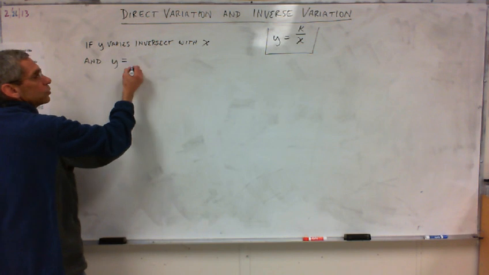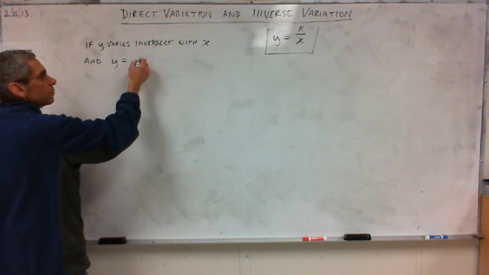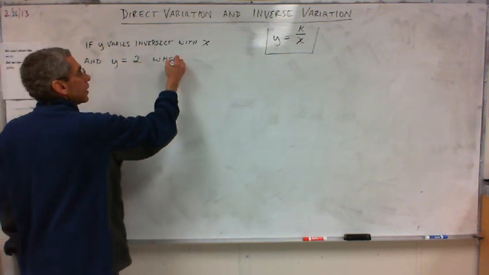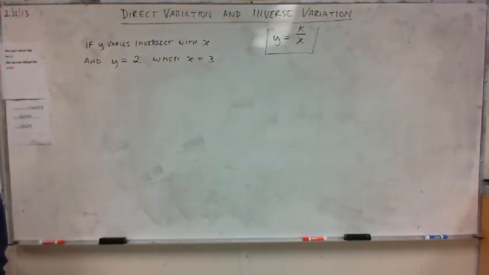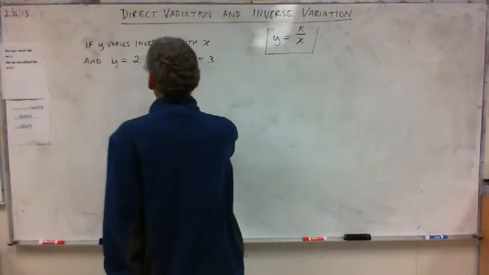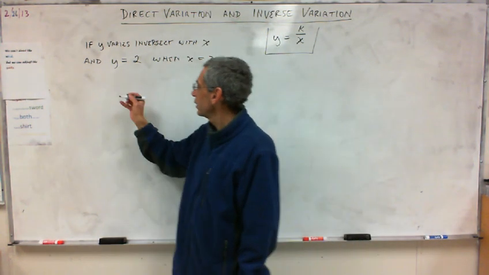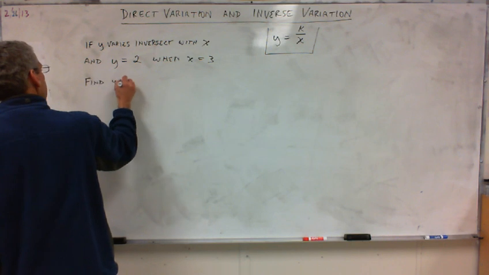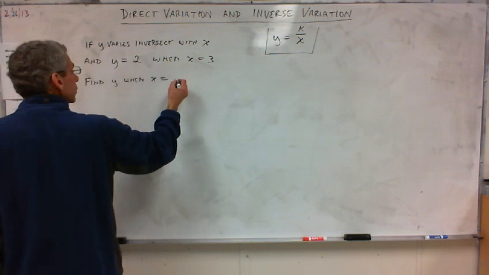If y varies inversely with x and y is equal to 2 when x is equal to 3, find y when x is equal to 9.